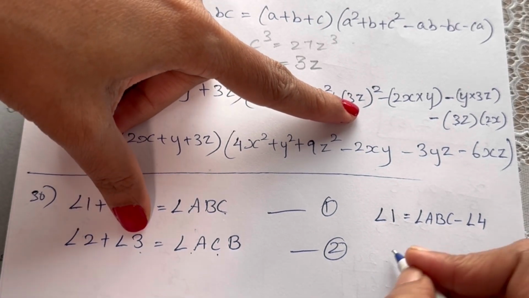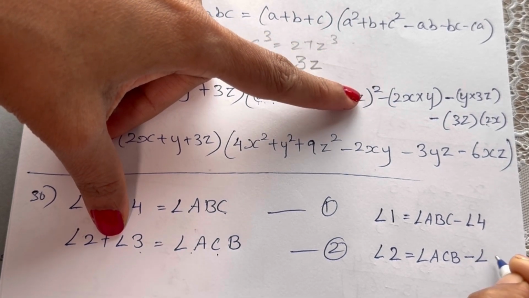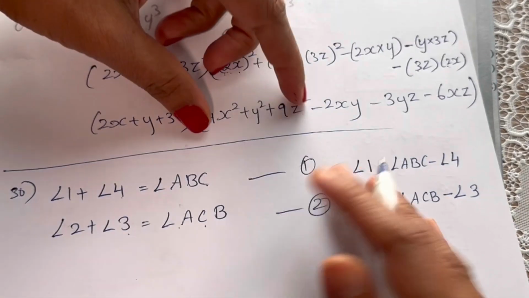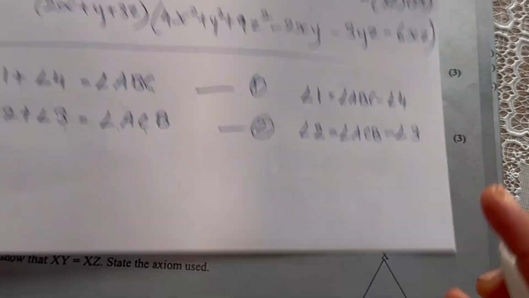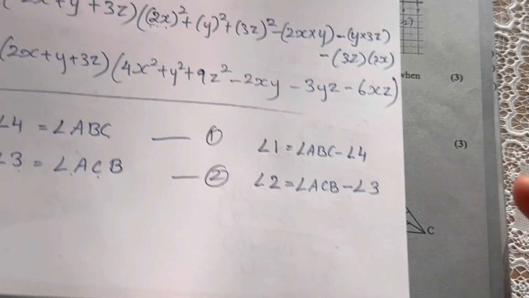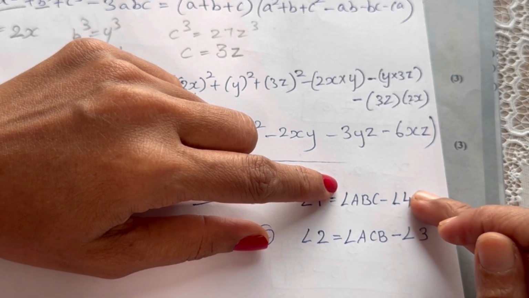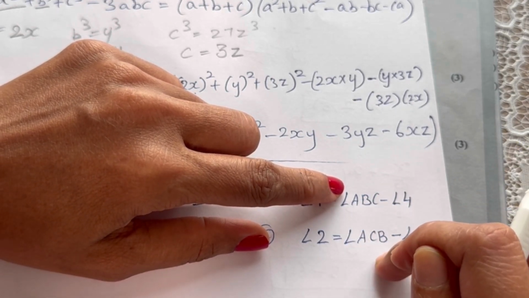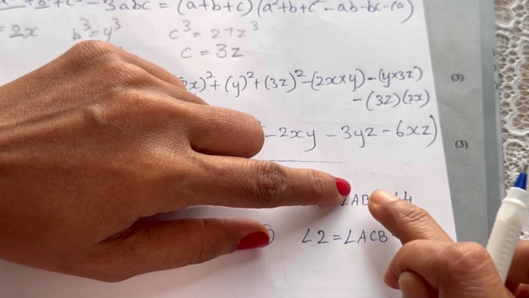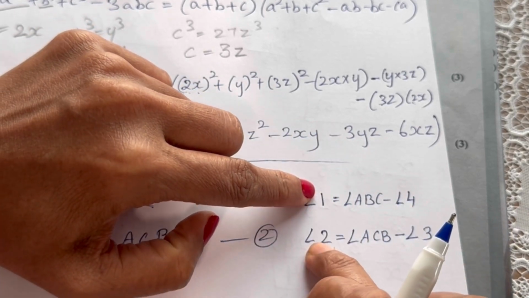And in equation 2, to find angle 2, move this angle 3 to the other side. And as it is given here, angle ABC and ACB are equal, angle 3 and angle 4 are equal. So we can use the Euclid axiom that if equals are subtracted from equals, then the remainders are also equal.